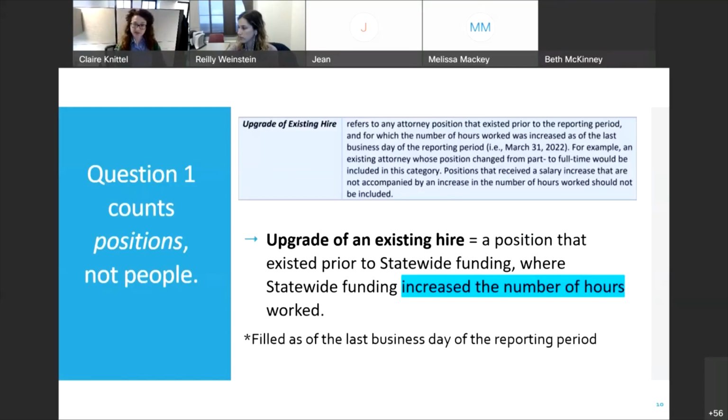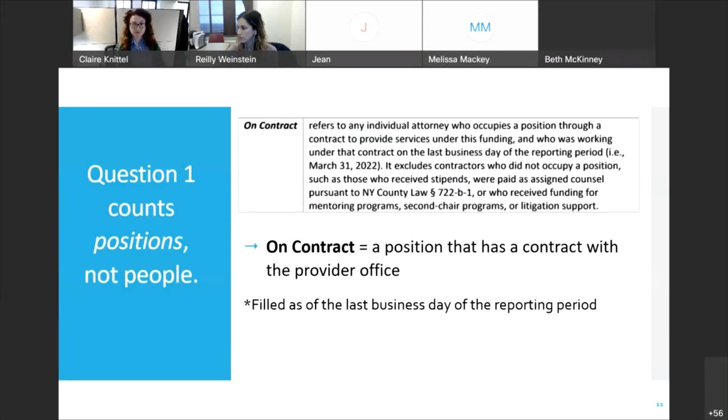And of course, it has to be filled as of the last business day of the reporting period. So again, as we discussed in part 1, go back to your work plan to determine if you have an upgrade and confirm that you have that language in there stating that there is an increase in the number of hours worked.